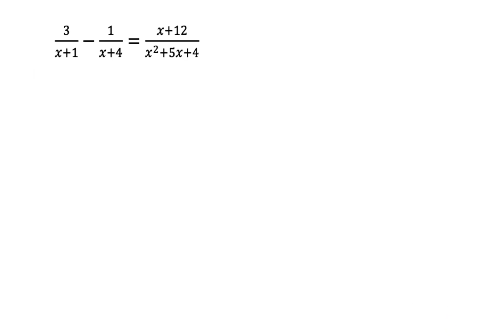Okay, last one in the series, we have 3 over x plus 1 minus 1 over x plus 4 equals x plus 12 over x squared plus 5x plus 4. So our first step is to factor this monstrosity.